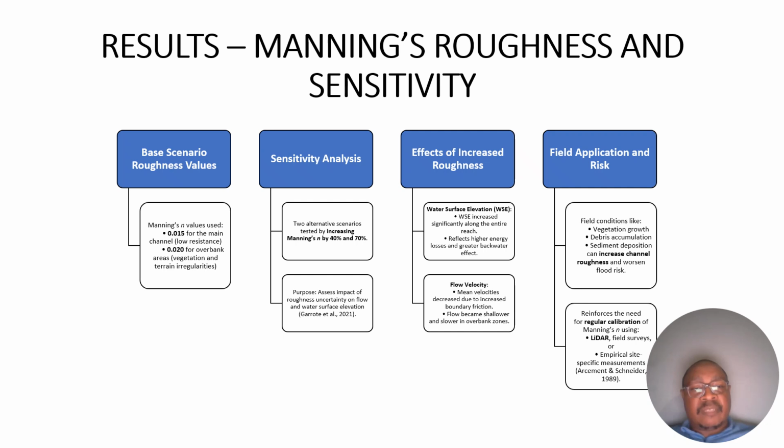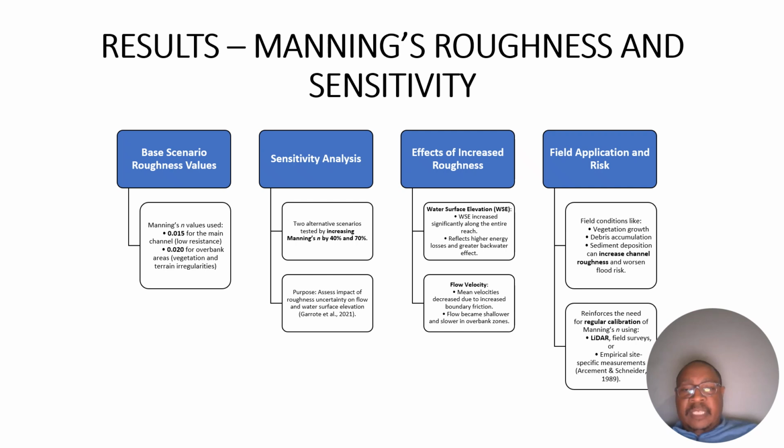In terms of the sensitivity analysis, two alternative scenarios were tested. And then in terms of the effects of increased roughness, the water surface elevation increased, and the flow velocity, that is the mean velocity, decreased due to the increase in boundary friction.